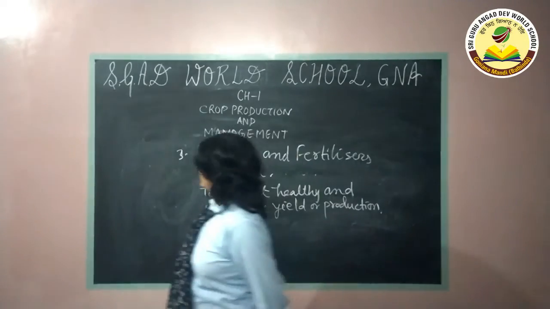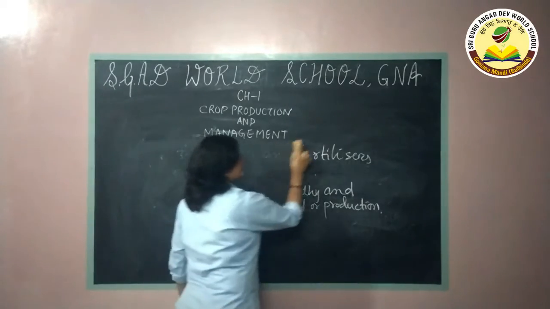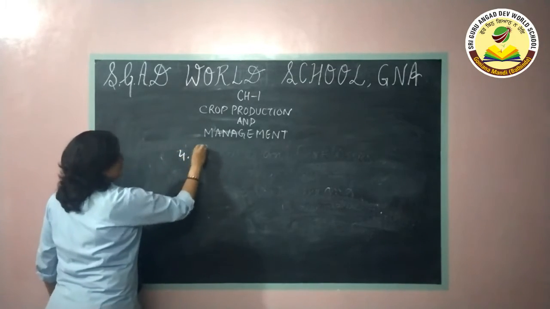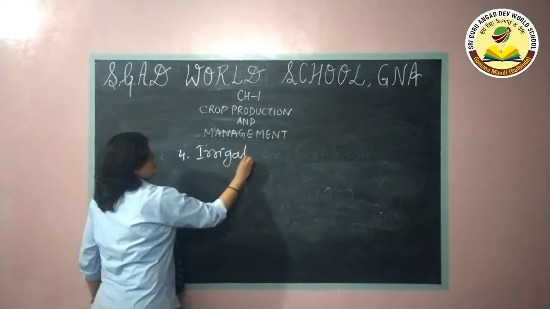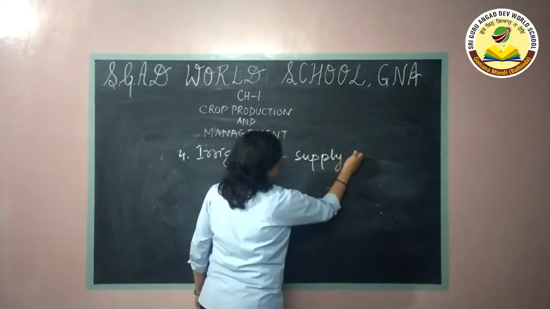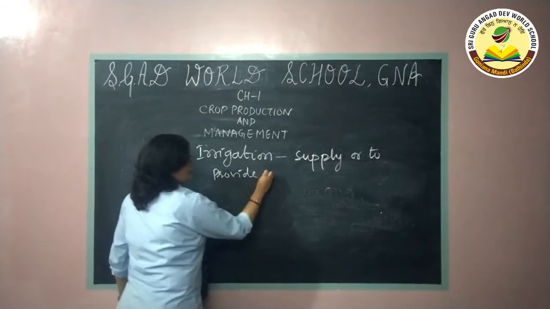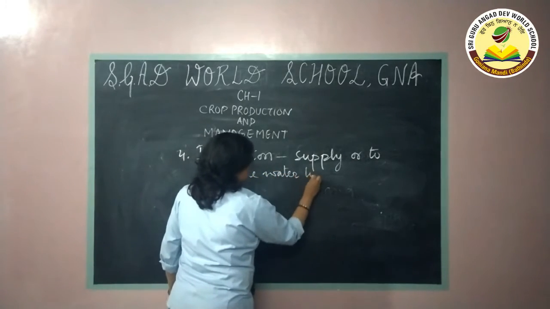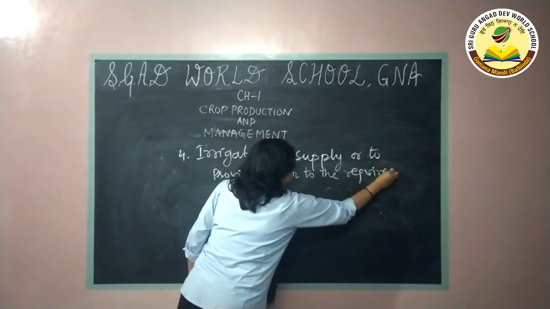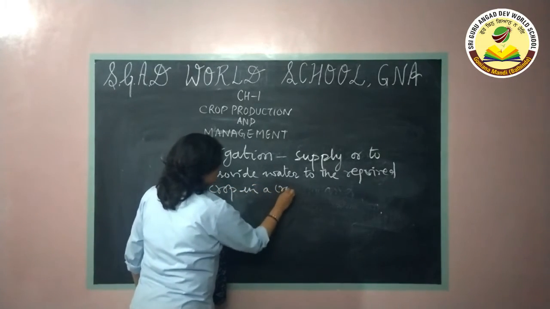Now the next step is irrigation. Irrigation means to supply or provide water to the required crop in a crop field.